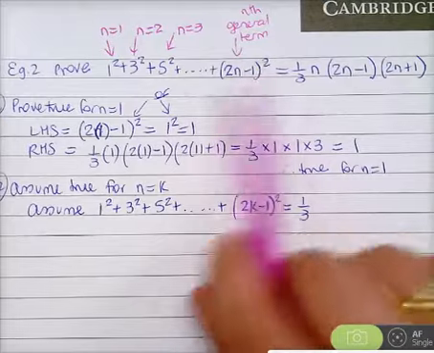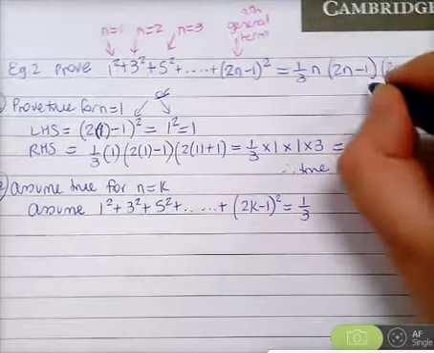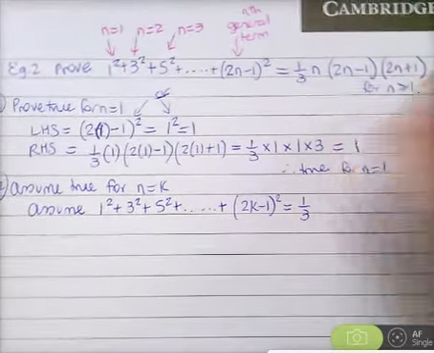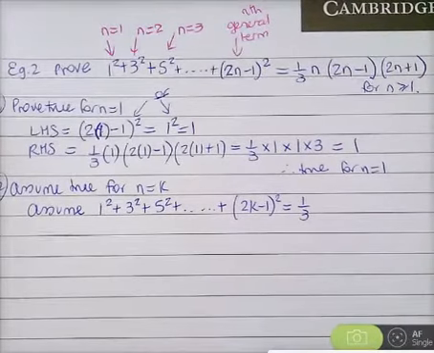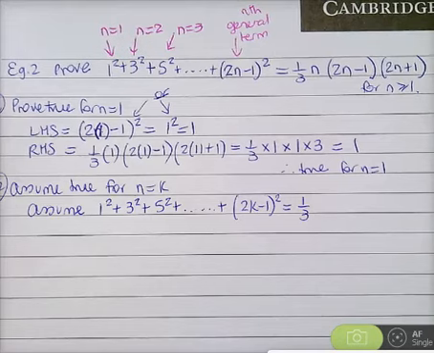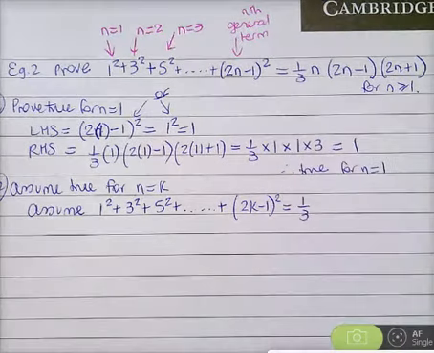They should tell us what it is. I should write for n greater than or equal to 1, all right? No, you'll only ever be given one general term, okay?